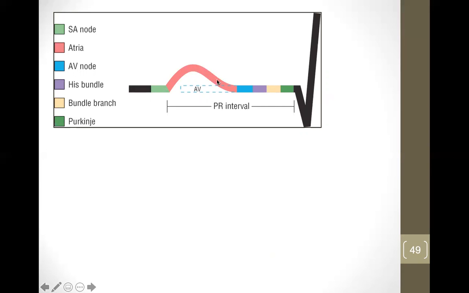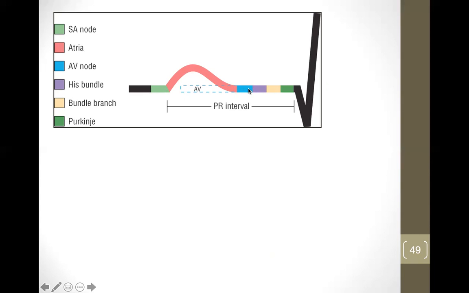The atria contractile cells are also firing at this point, going down the internodal pathways, and then it actually contracts the heart muscle cells that we have within the atria, not just the electrical conduction system.